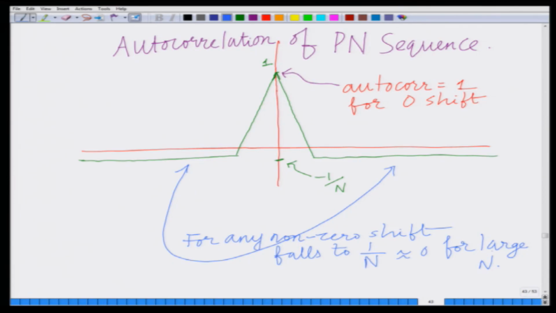So, the autocorrelation property of the PN sequence states that the autocorrelation, or the self correlation, is equal to 1 for the 0 shift, but for any non-zero shift the autocorrelation is minus 1 over n, which is approximately equal to 0 for a large n.